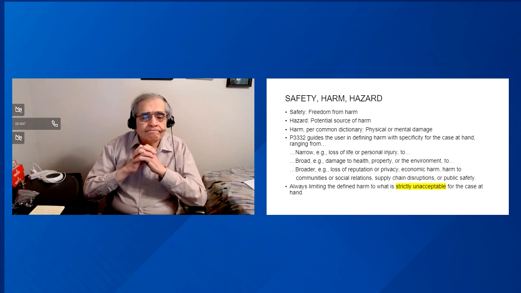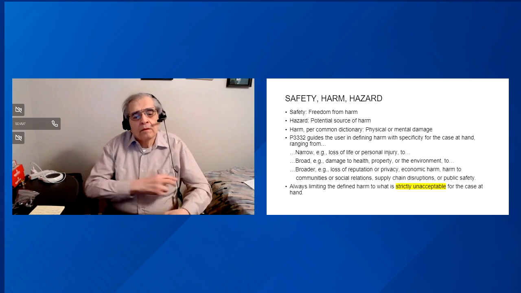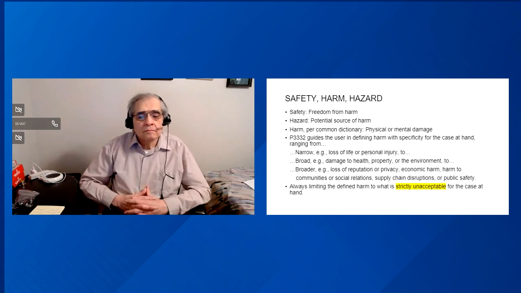The standard guides the user in defining harm with specificity for the cases at hand, ranging from very narrow, such as loss of life or personal injuries, to broad, where harm may include damage to health, property, or the environment, and broader, to the loss of reputation, of privacy, economic harm, harm to communities or social relations, supply chain disruptions, or public safety.